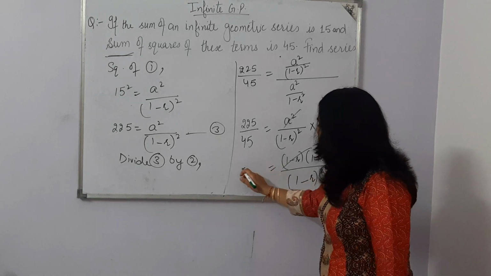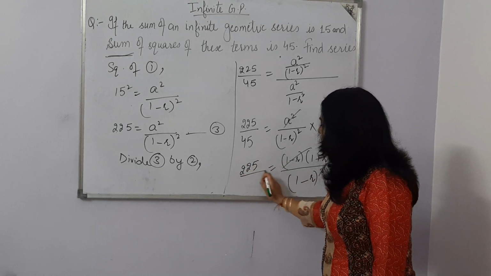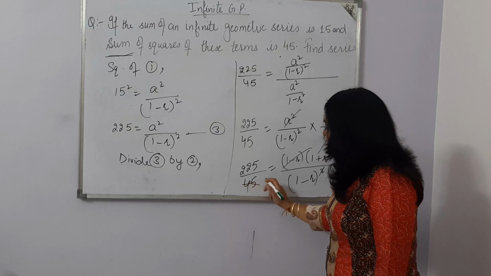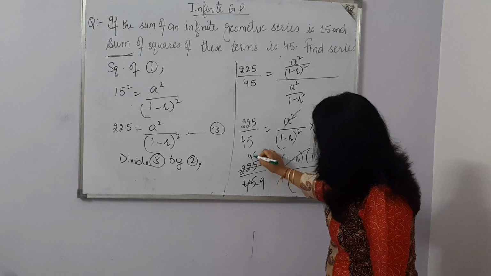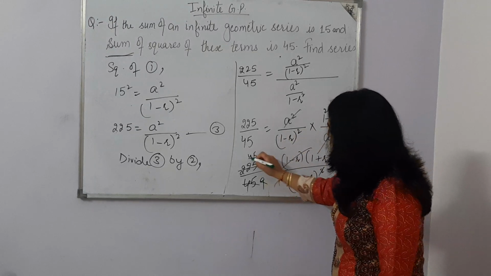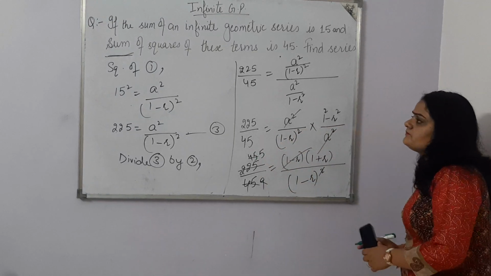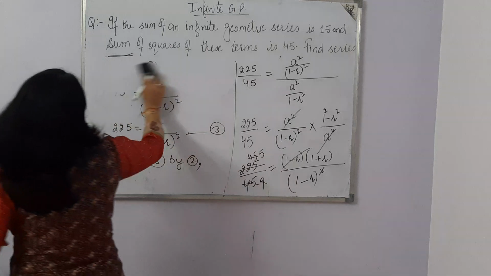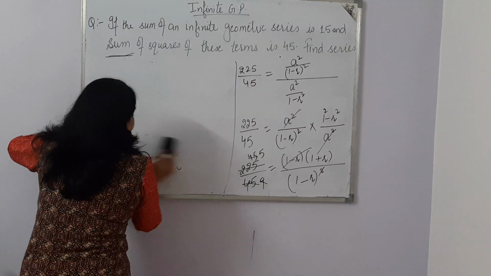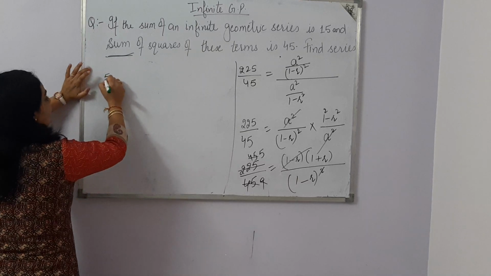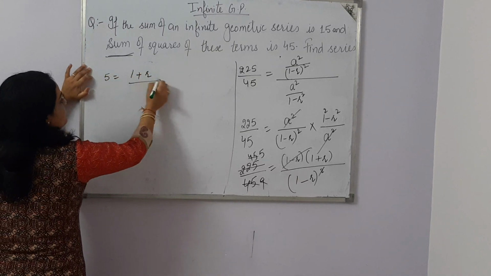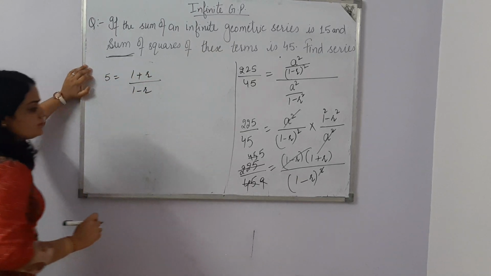And here 225 upon 45. 5 nines are 45, 5 fours are 20, 5 fives are 25, 9 fives are 45. So I'll get 5 into 1 plus r upon 1 minus r.